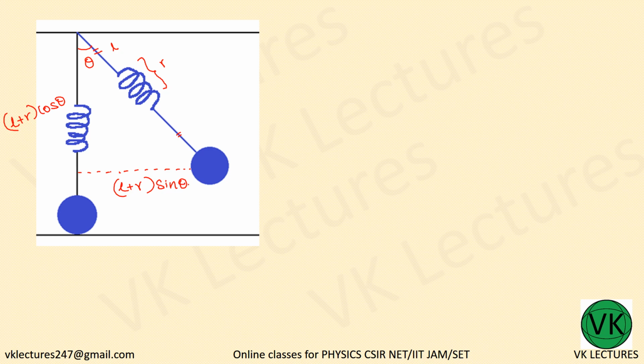Now x, that is this distance, is (L plus R) sin theta, and y is equal to (L plus R) cos theta, and assuming that this is the origin, y has a minus sign.